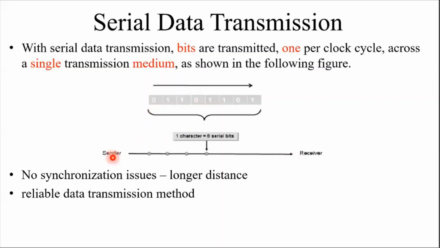So let's say the sender is sending the first bit as 0, and the next bit is 1. The sender will send bit 1 only if the receiver has received the first bit, that is 0. As soon as the receiver receives this first bit 0, the sender will send the next bit 1.